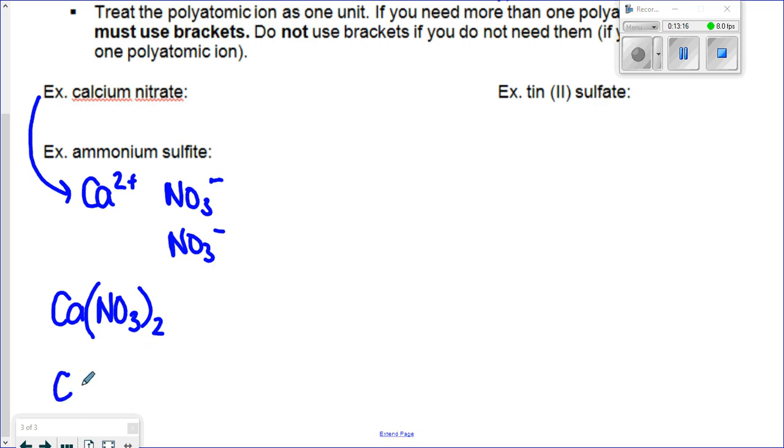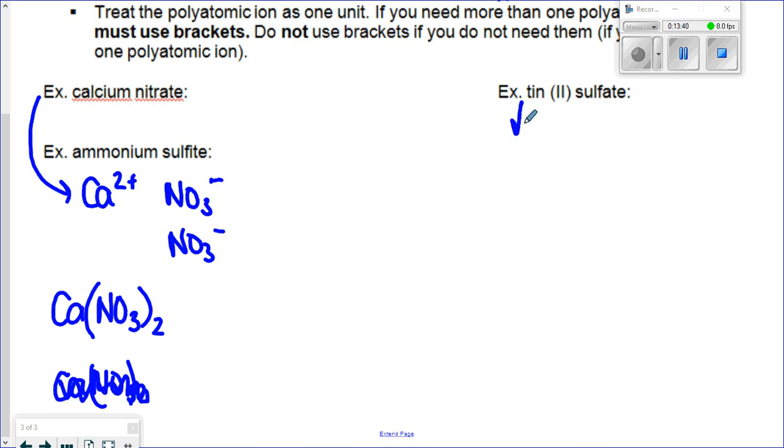The reason that we put brackets around it is because we wouldn't be able to write CaNO3 2, because then that's saying we actually need 32 oxygens. So we put brackets around it. It's kind of like order of operations, saying that we need 2 of whatever is in that bracket.